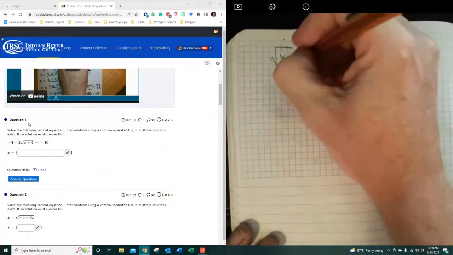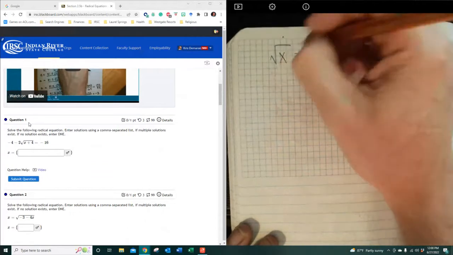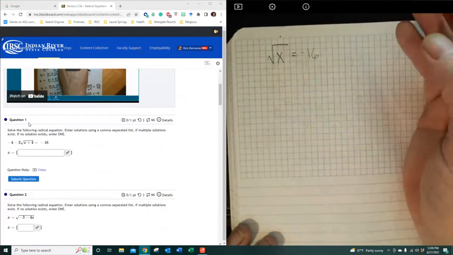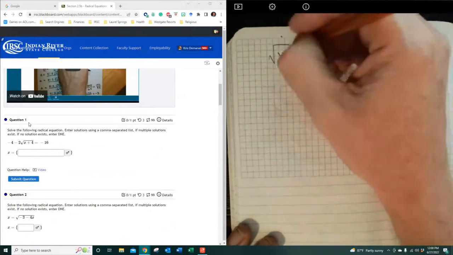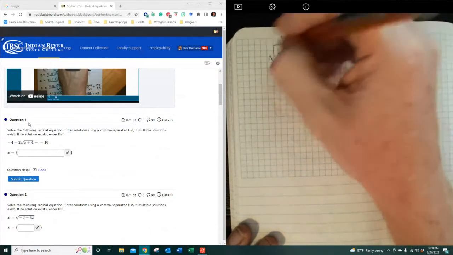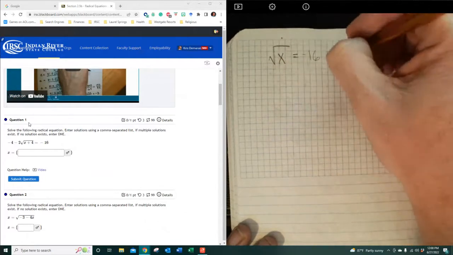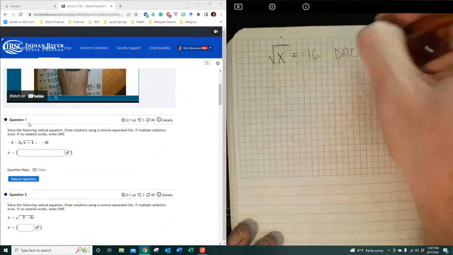I can't take, for example, the square root of something and get negative 16. It doesn't happen. So if you're ever attempting to take the square root of something and it's yielding a negative value, you can say does not exist.